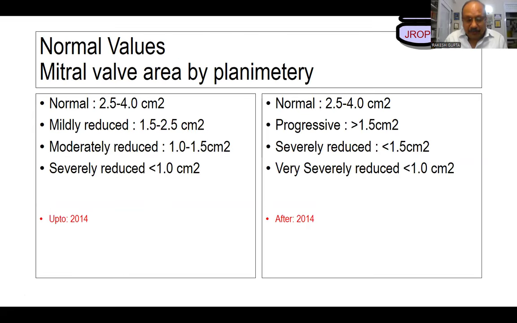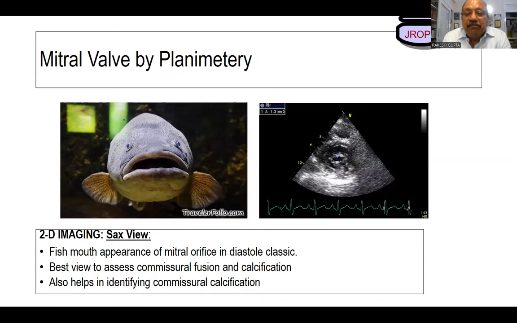Now, what is the normal mitral valve area? Before that, when do you measure mitral valve area? We measure it at end systole or just at the beginning of diastole. That's one take-home message. The second take-home message is how do you see that we are at the tip of the mitral valve leaflets? We do this by moving our cursor from the papillary muscles towards the aorta.